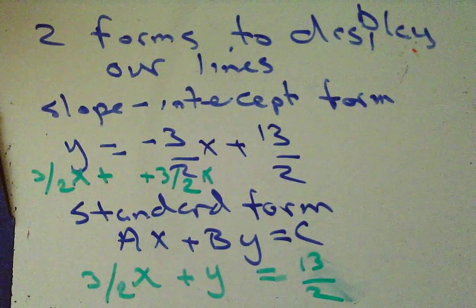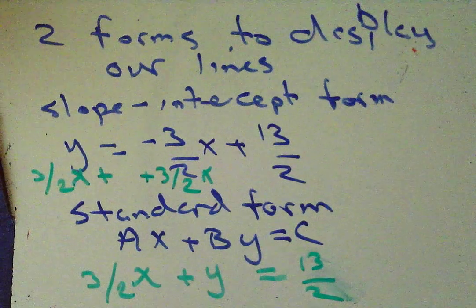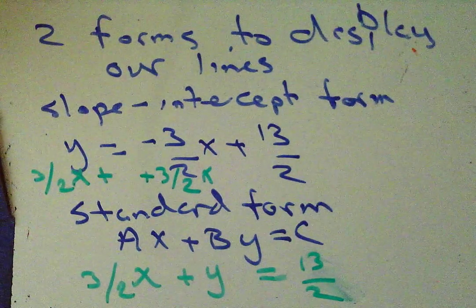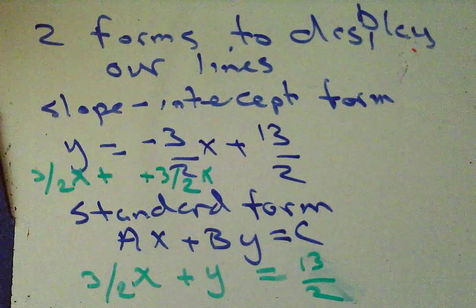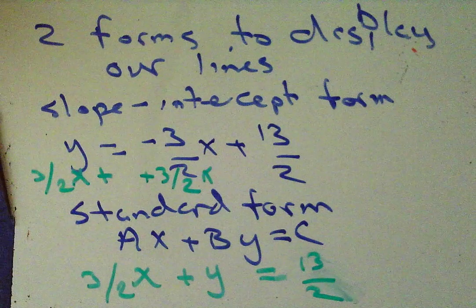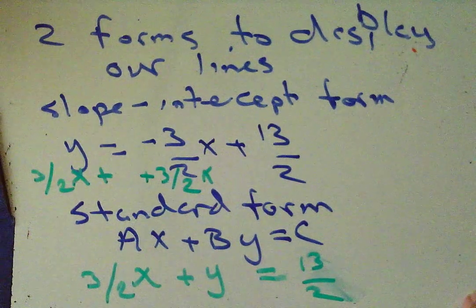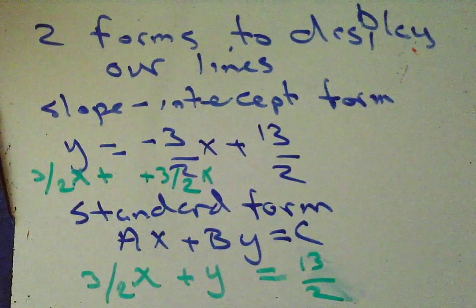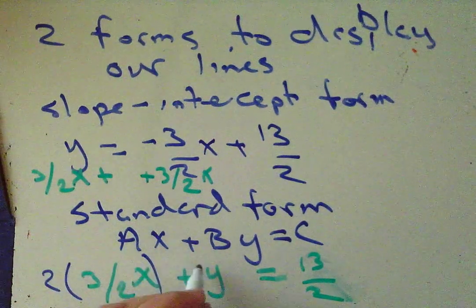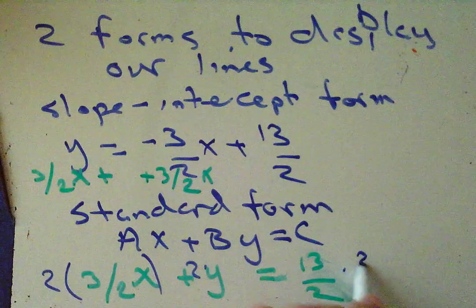Now, for me, this would be sufficient, but there are some math purists, you might call them old fuddy-duddies, who say that these a's and b's can't be fractions. So I'm going to have to multiply here to clear out the fraction. I'm going to multiply here by 2, and here by 2, and here by 2.